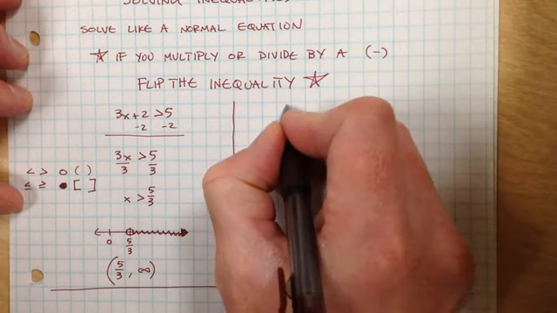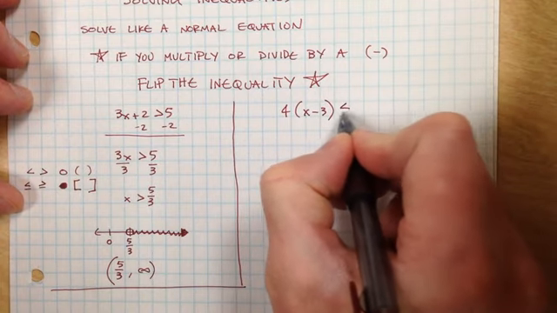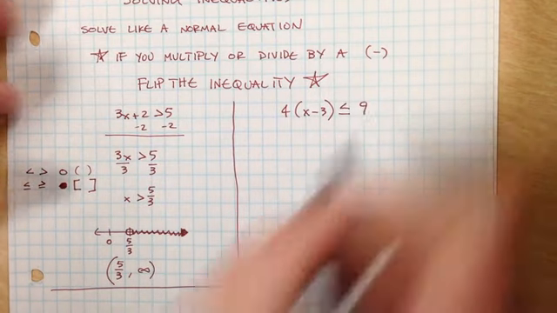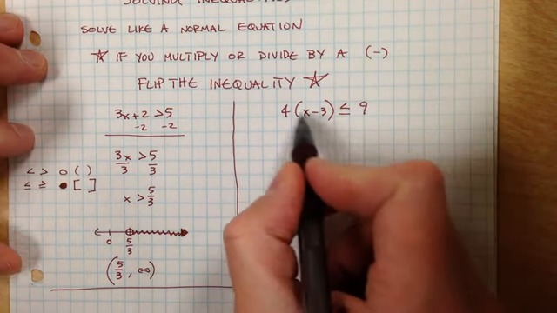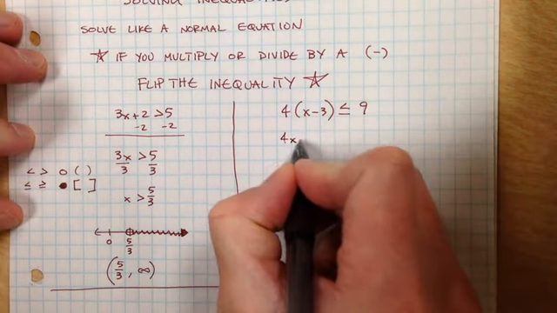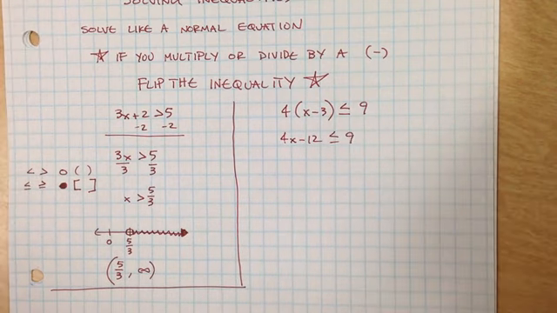How about we take a look at 4 times x minus 3 is less than or equal to 9. So first things first, I'm going to distribute this 4. 4x minus 12 is less than or equal to 9.